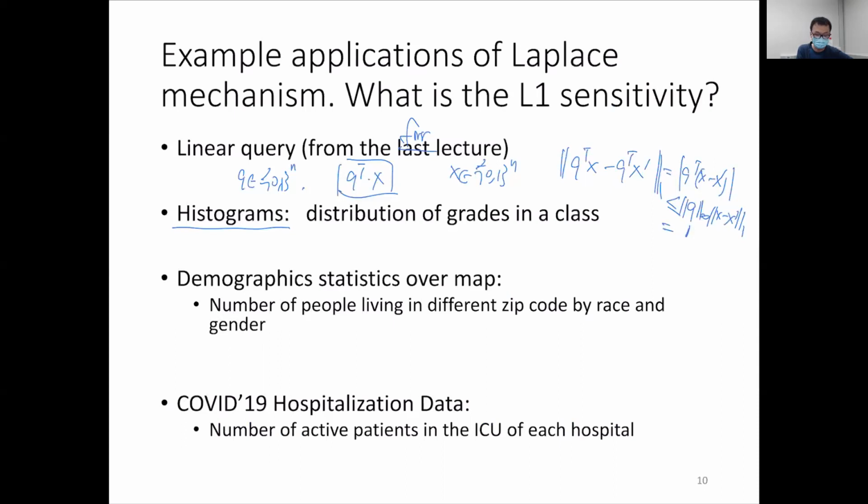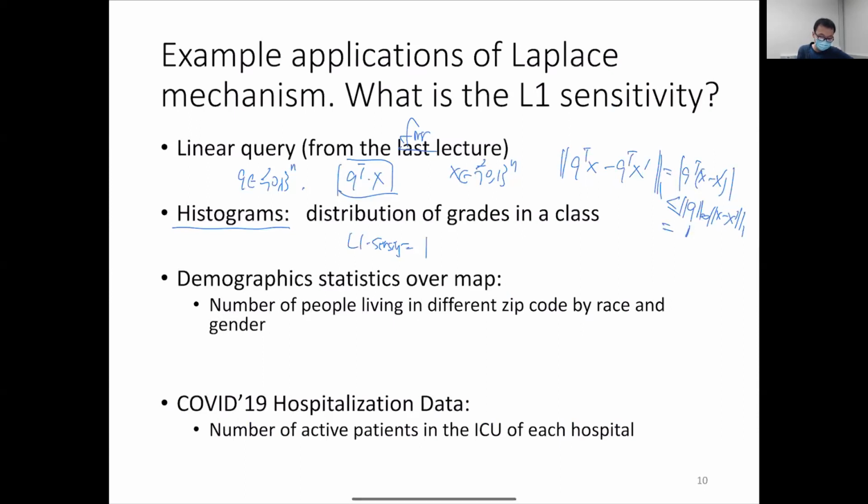So when you take the difference between the outputs and take the L1 norm, only one of the coordinates is different, and the maximum difference is 1. Therefore, the L1 sensitivity is 1 for the histogram as well.